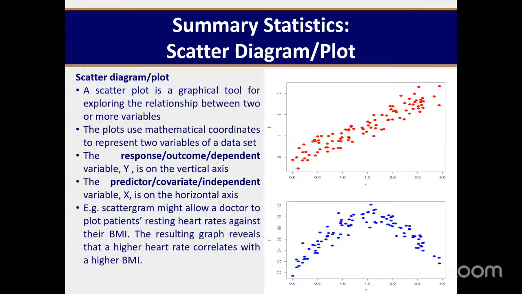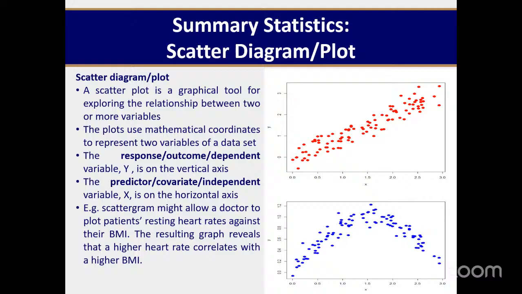By convention, the variable stated on the y-axis, that is the vertical axis, is always the response or the outcome, or what we call the dependent, whilst the x-axis is the predictor or the independent. So the dependent variable on the y will depend on what? X.